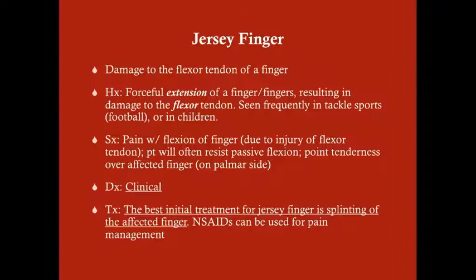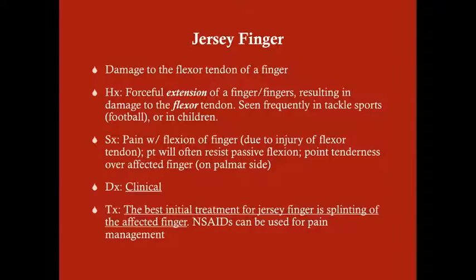If it's a child, they're often going to resist passive flexion. Oftentimes there's going to be point tenderness over the affected finger, especially if the tendon is totally ruptured, in which case you'll get inflammation, etc. The diagnosis here is clinical.